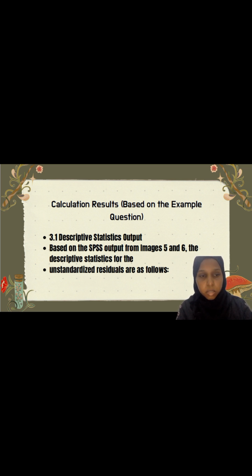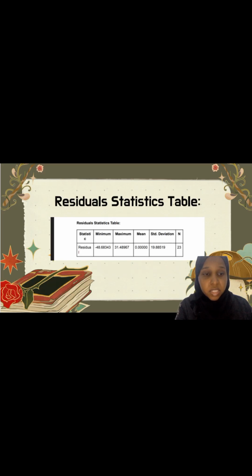Residual statistics table. From this table, we can see that the minimum residual is minus 48.68 and the maximum is 31.49. This range shows how far our predictions deviate from the actual values. The mean residual is exactly 0.000, which is a good sign because it means the errors are balanced.